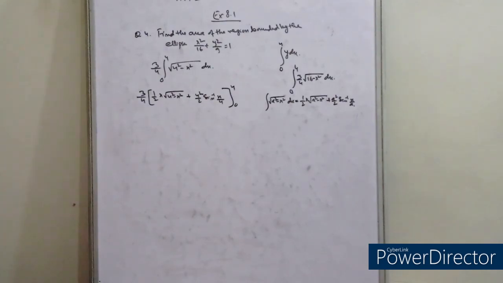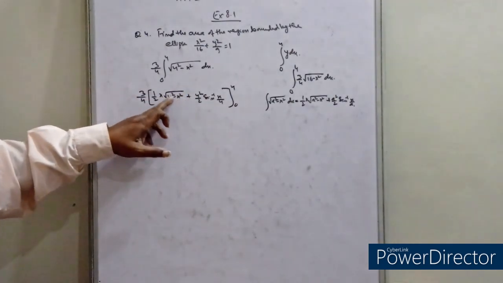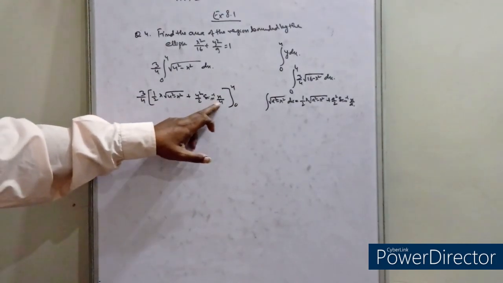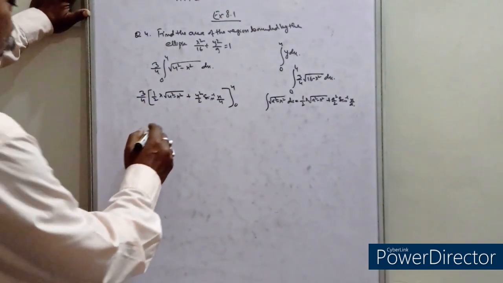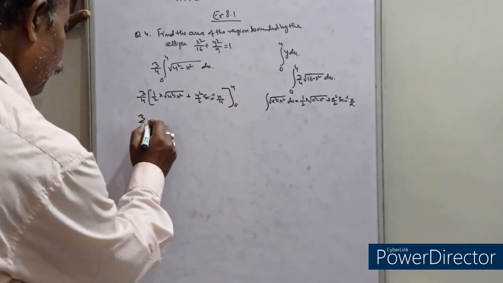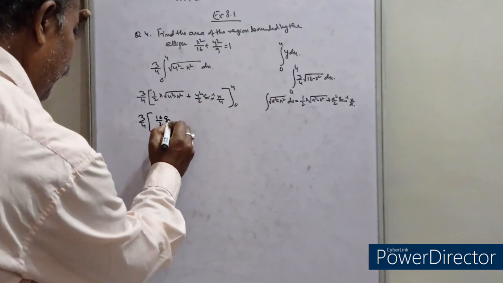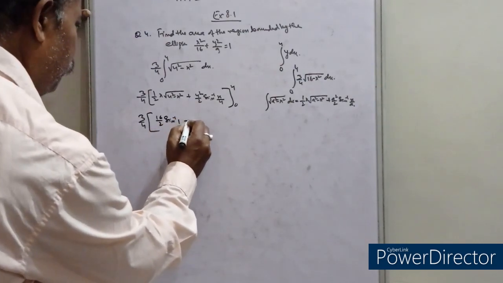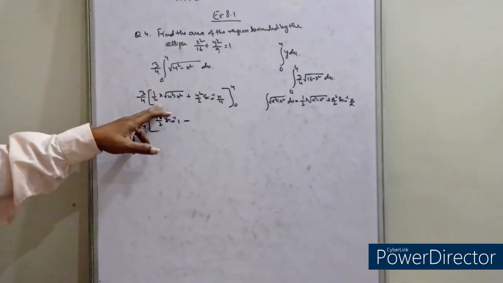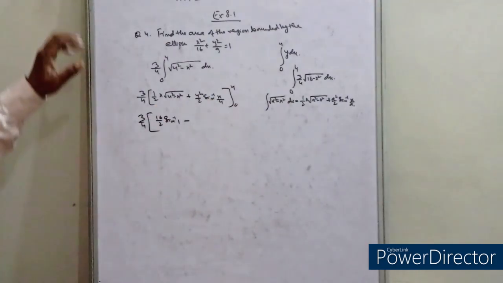So now upper limit minus lower limit. If you place 4 here, this will be 0, and this will be sine inverse 1. So 3 by 4, this will be 16 by 2 sine inverse 1, minus, when you place 0, this will become 0 and this will be 0.